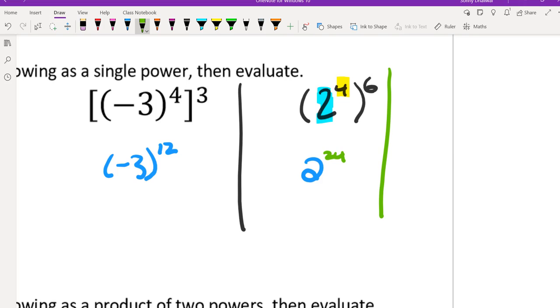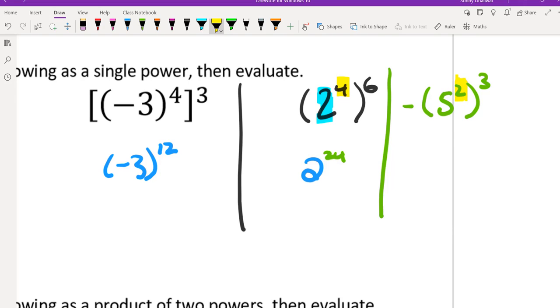Okay, let's do another one. Negative 5 squared, then cubed. Find the innermost exponent. Look to the left. That is your base.